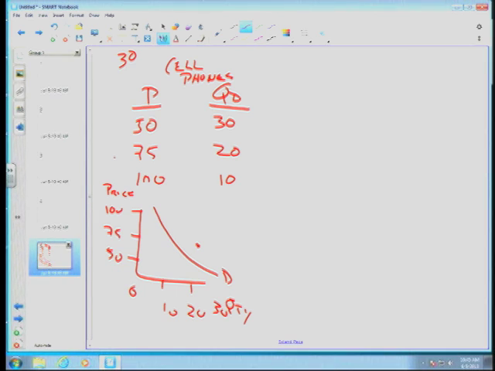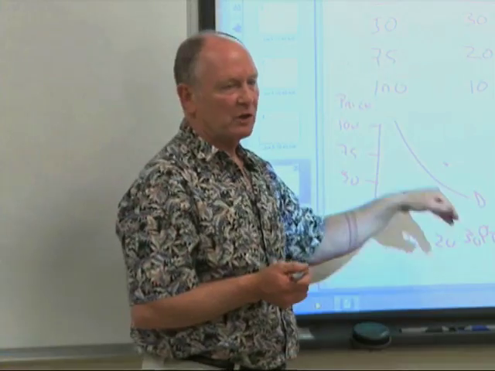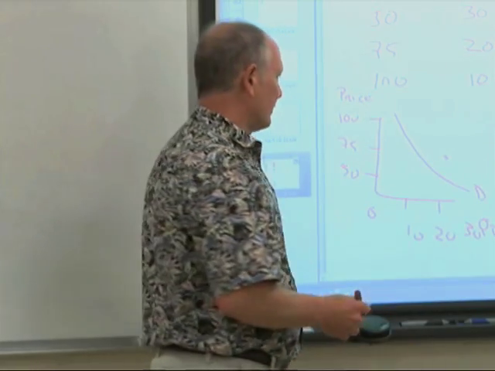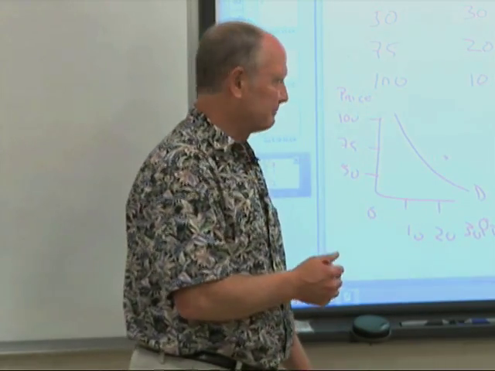Here's our demand curve. It's a downward sloping curve. I tend to draw it as a curved line. Oftentimes it'll appear as a straight line. I don't know why I like the curve shape better.